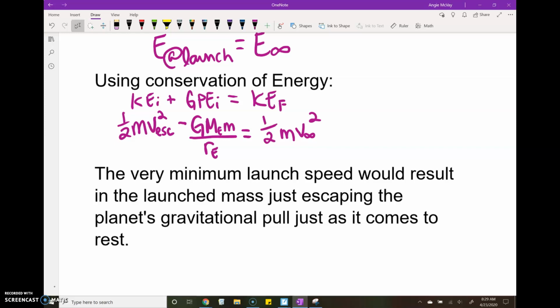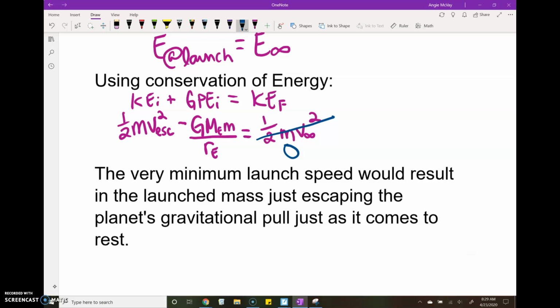What that means is that just at the instant the object we're launching escapes Earth's gravitational pull, it would come to rest at that point. So the kinetic energy at infinitely far away will be 0.